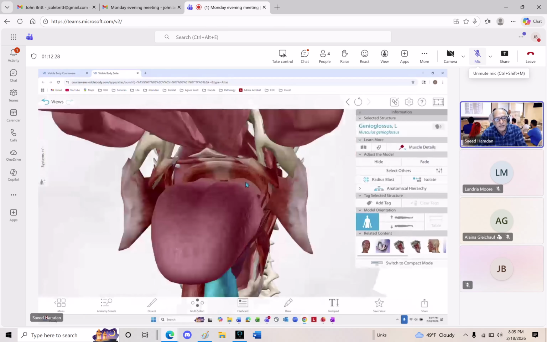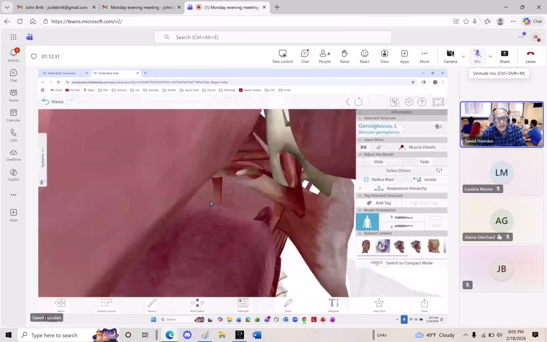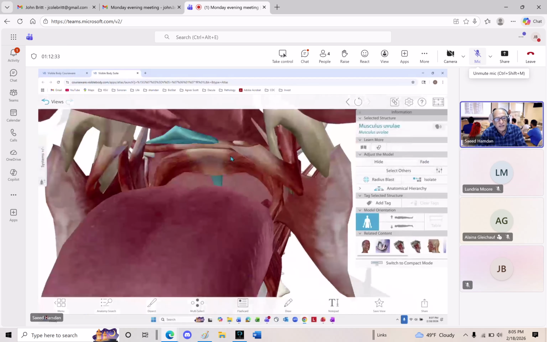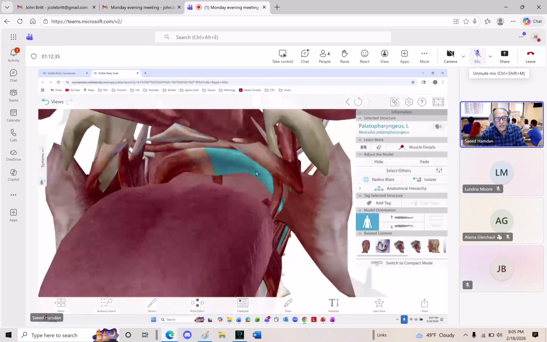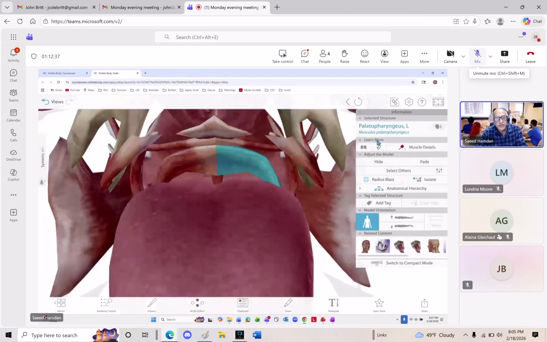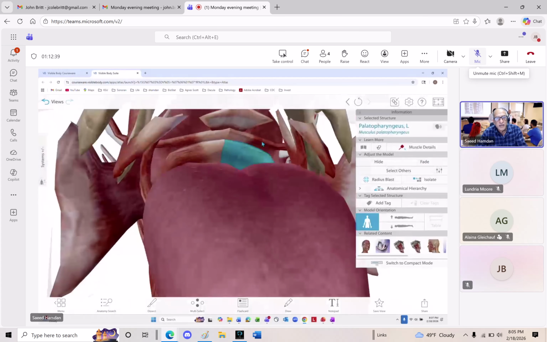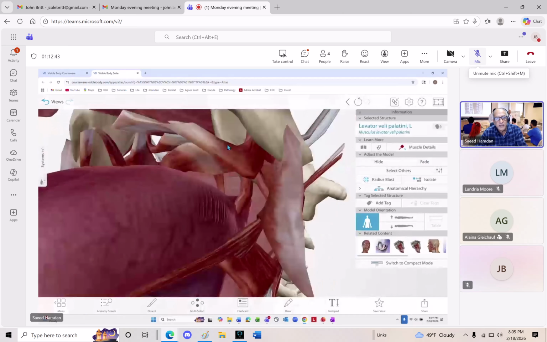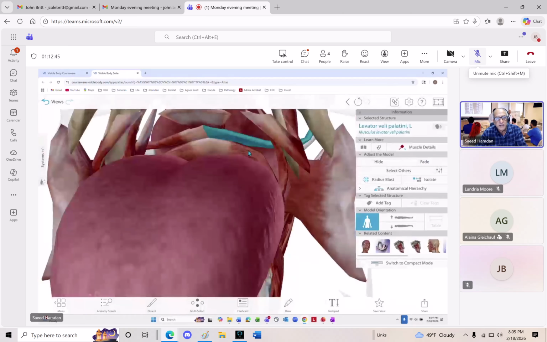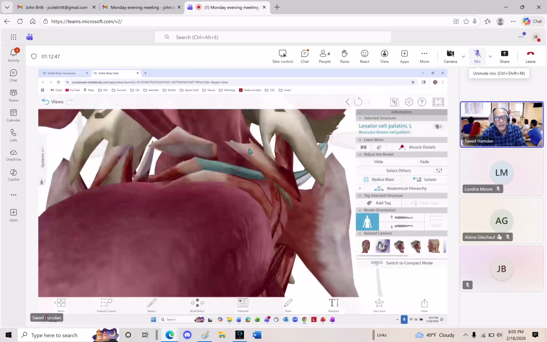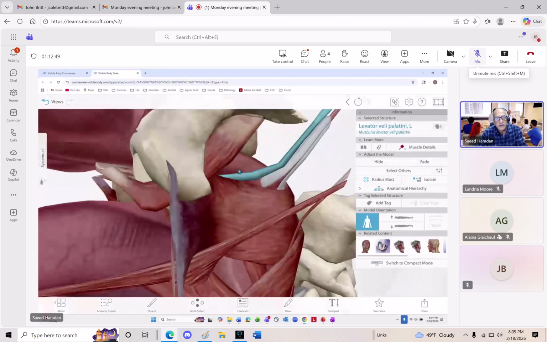See, now this is the uvula right there, and then I'm going to tilt it slightly like this, so you can see the glossopharyngeus, and then you have the levator veli palatini right there. Okay, and then you have the tensor.